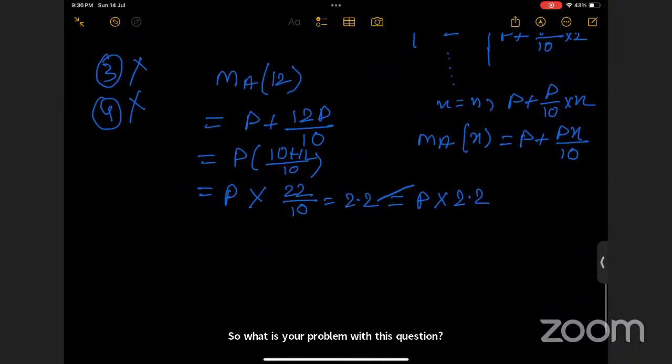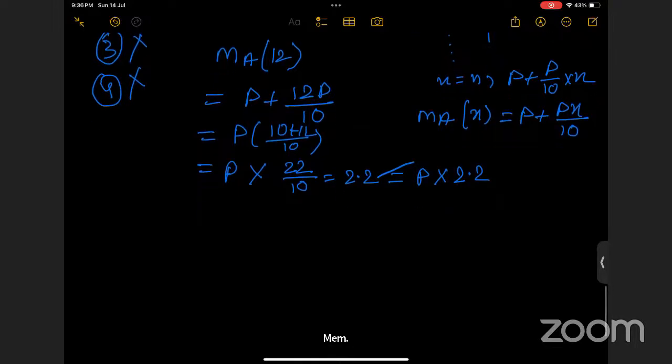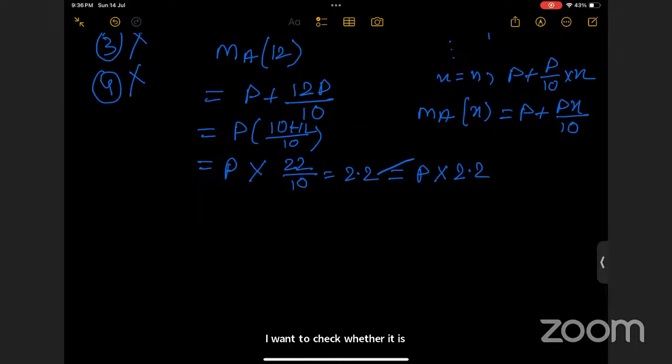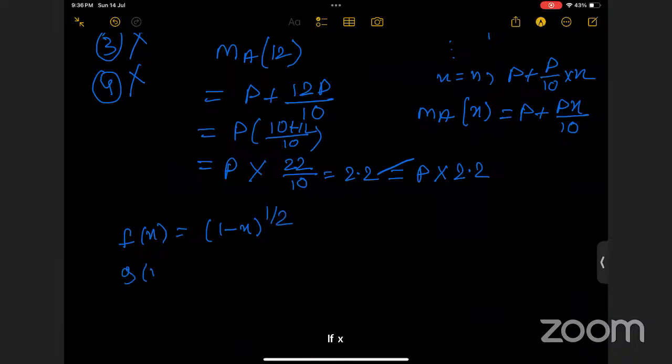Ma'am, I want to check whether it is correct or not. Okay. So here we have f(x) equals (1 minus x) to the power half and g(x) equals 1 minus x square, right?